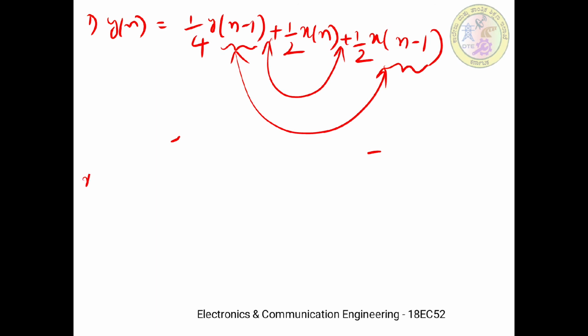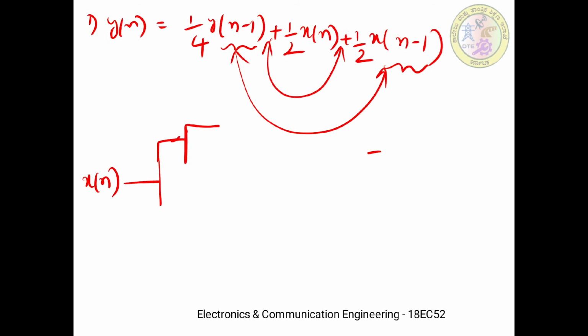So what I have on the leftmost side is the x of n signal. The x of n is taken as it is, but it is multiplied by 1 by 2, and also this x of n will be delayed by 1 unit, giving x of n minus 1. So now I have two paths here.